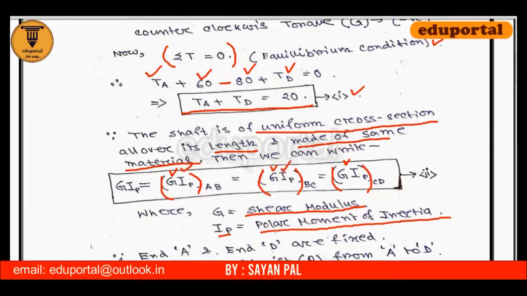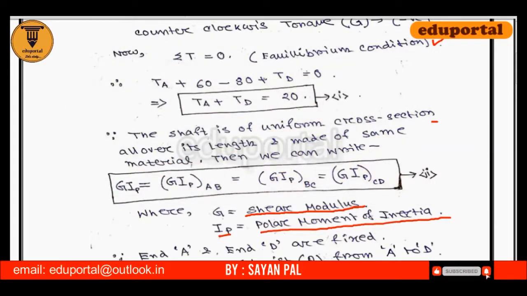So these all are equal. So let's take all are equal to GIP. So GIP AB, GIP BC and GIP CD are same. They all are equal to GIP.